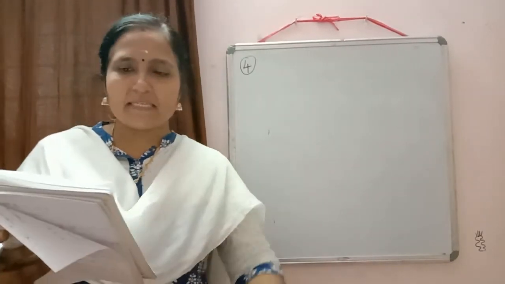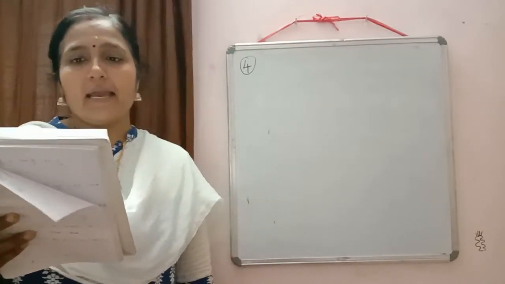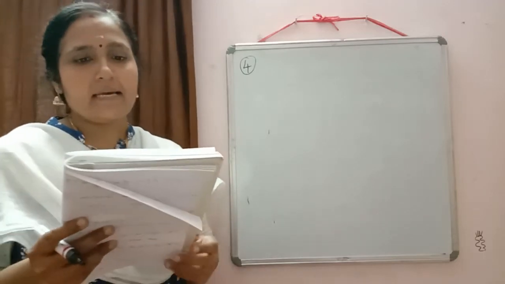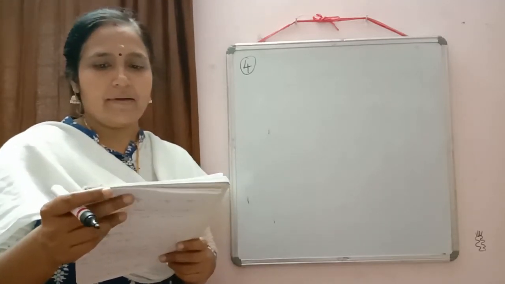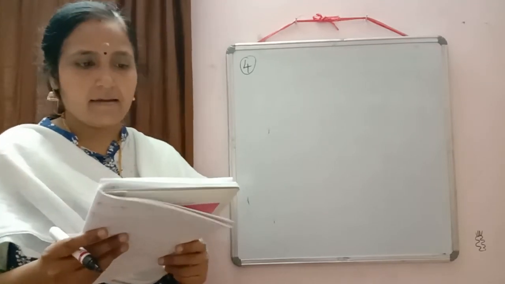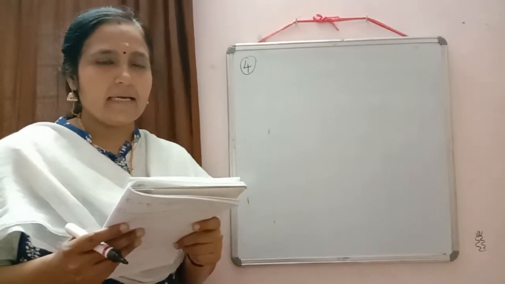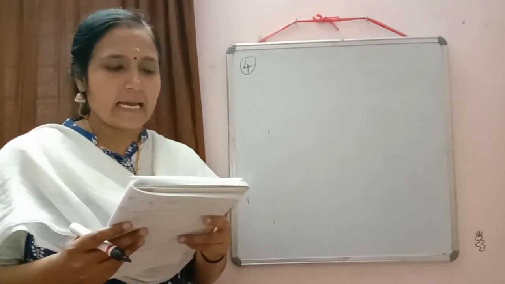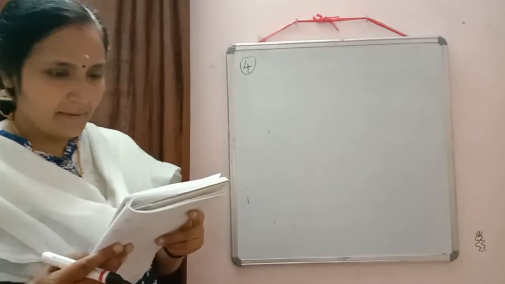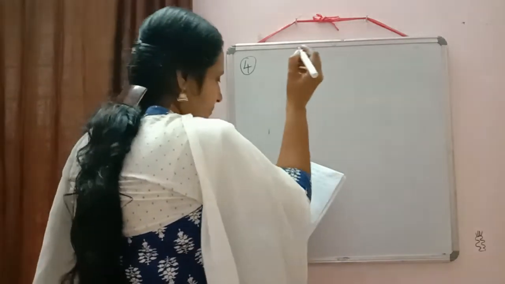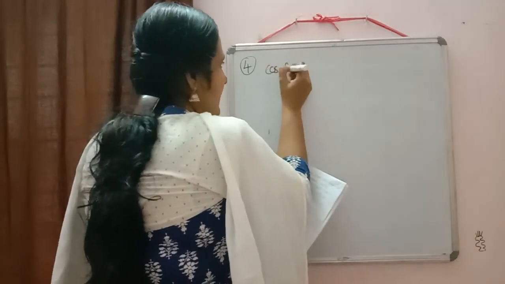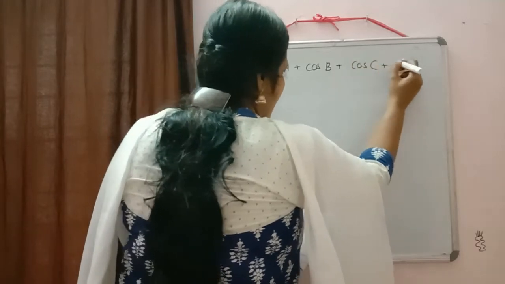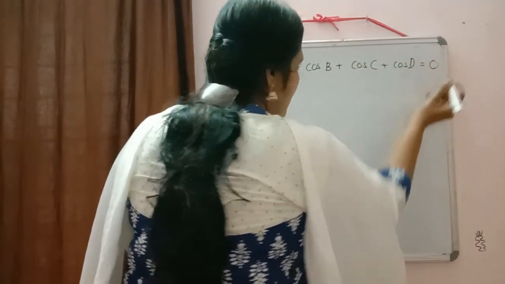Question number 4, please write down the question. If A, B, C and D, all capital letters, are the angles of a cyclic quadrilateral ABCD, then prove that cos A plus cos B plus cos C plus cos D is equal to 0.